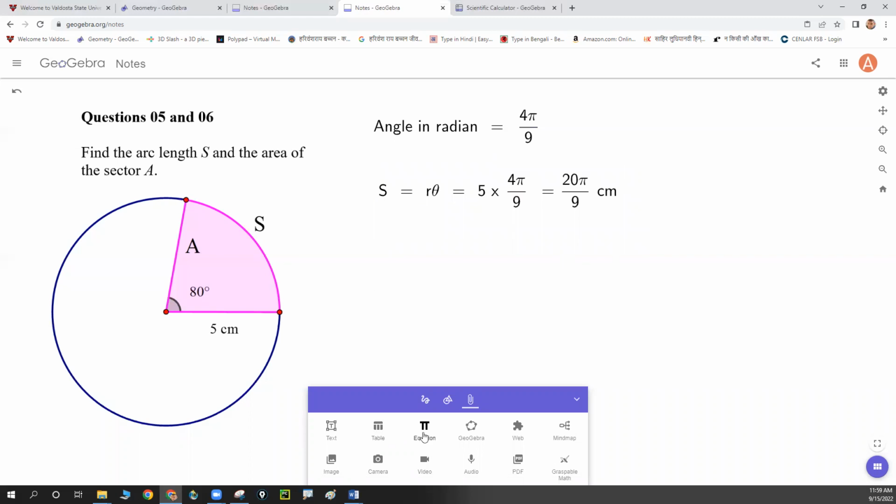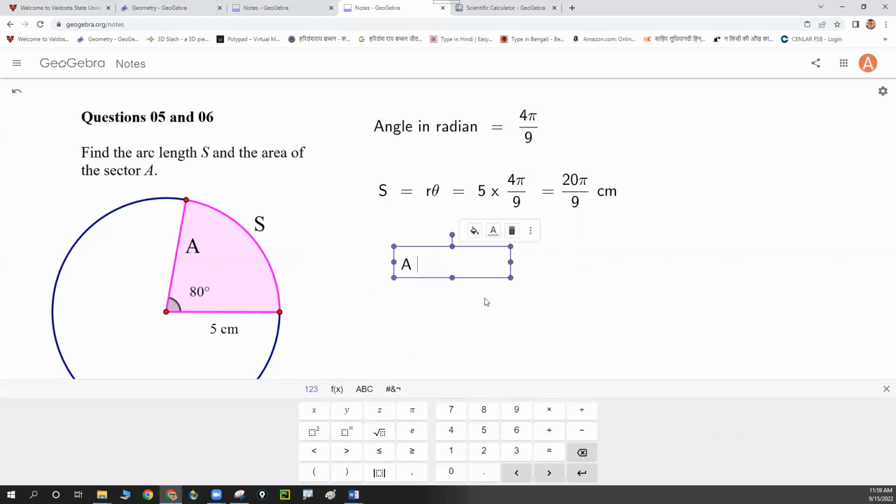How bad was that? Let's try the next one. The formula for A is equal to half R square theta. You have everything you need. Half is half. R square is 5 squared. And what is theta? 4 pi over 9. I'm going to write 4 pi over 9. You hardly need a calculator.